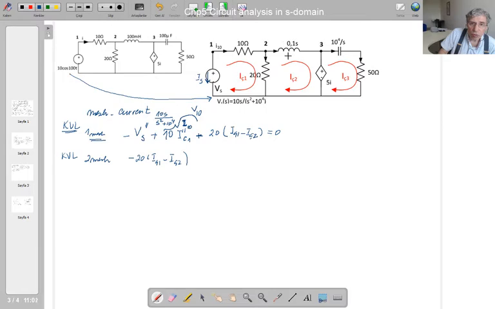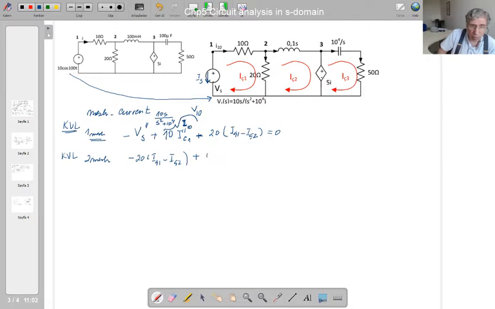So the voltage of this inductor now. I'm going to write the sign first. The sign of the voltage of this inductor is going to be positive because the mesh direction and this element current direction are the same. So plus. And if I multiply by this element current, it gives you the voltage.